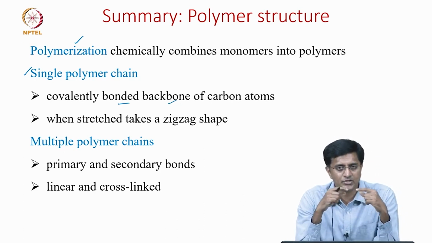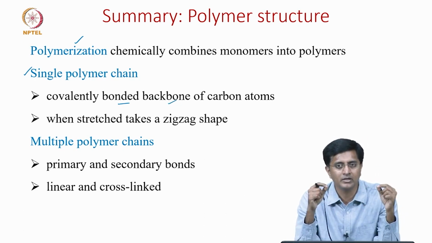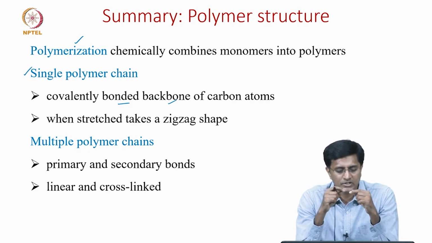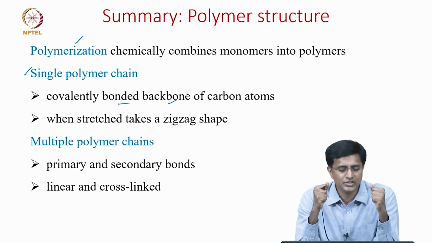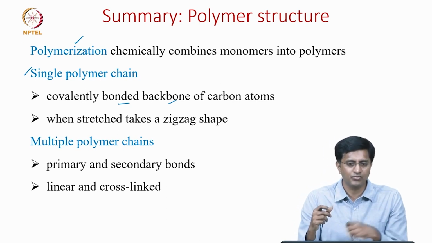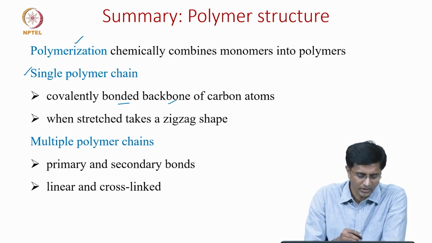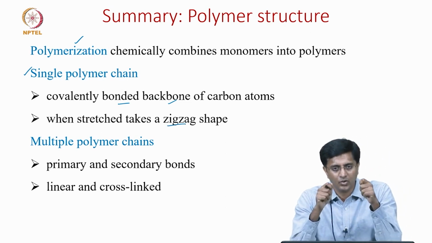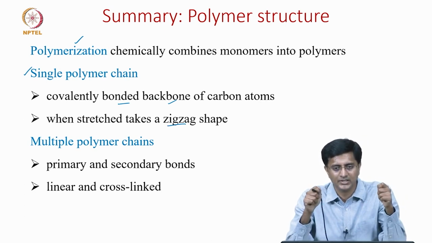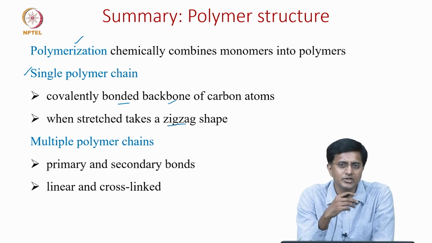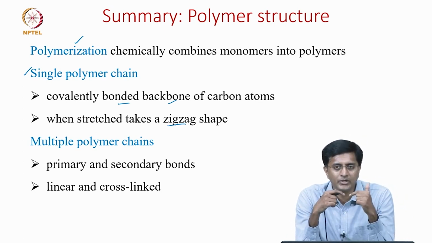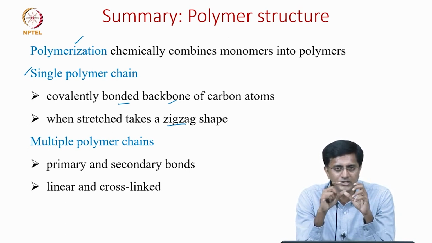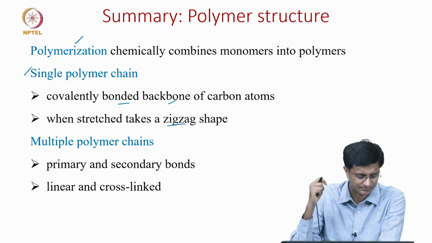Because of the strong carbon bonds, which are covalent, it is very strong and acts as a backbone for the polymers. We have also seen why it takes a zigzag shape when we try to hold two ends of the polymer chain and stretch it. That is again because of the angle between two carbon bonds, which is close to 110 degrees.